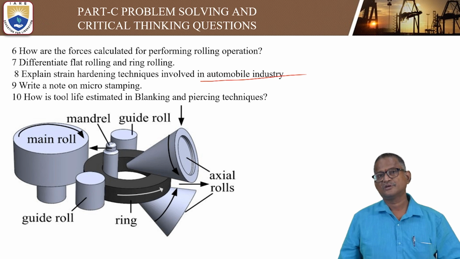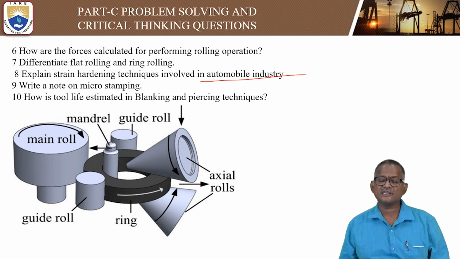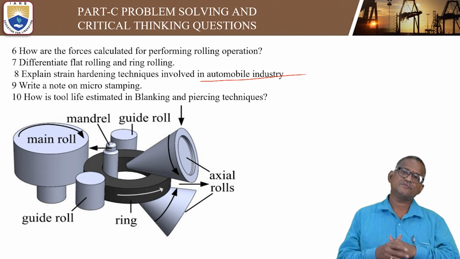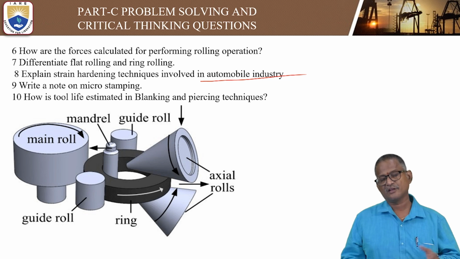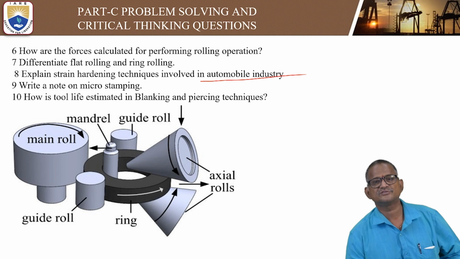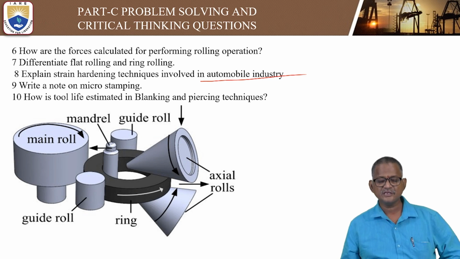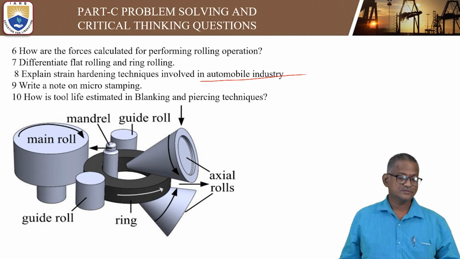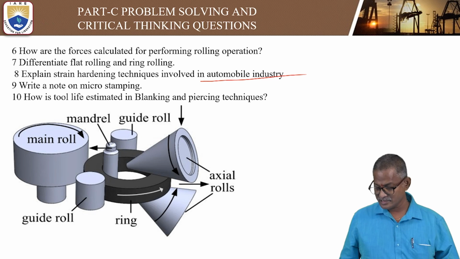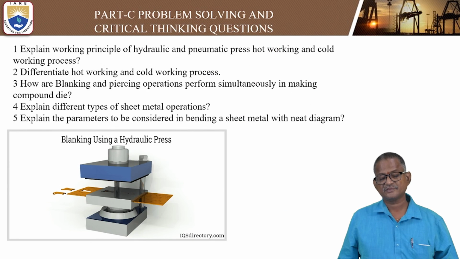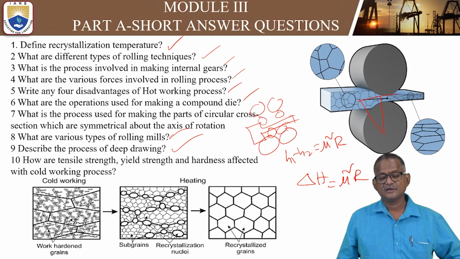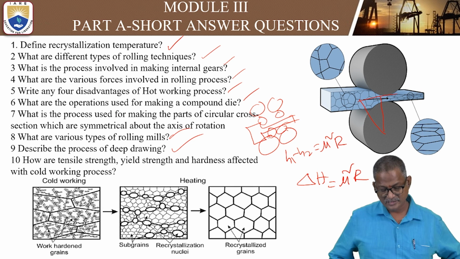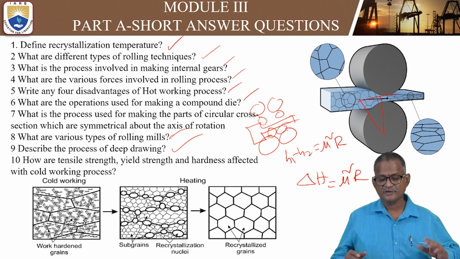I hope the students can understand how to attempt the various types of critical thinking, long answer and short answer questions in order to have good properties and effectiveness. So these are some important concepts in module 3, metal forming process, where you can perform effectively.